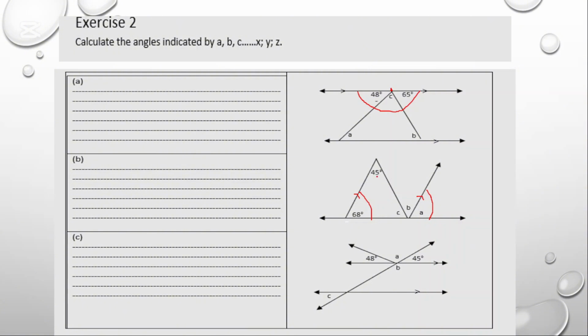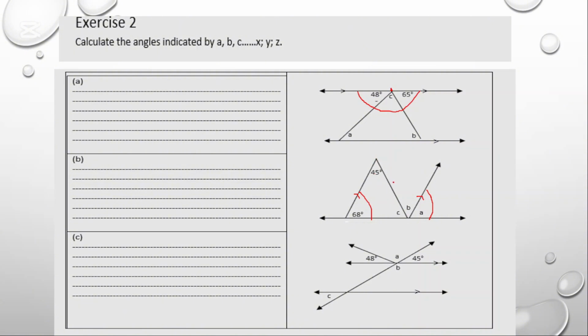Now 45 degrees. It forms a pair with C, B or A. You see the Z? Right. Here we have it, Z. 2 parallel lines, transversal there.